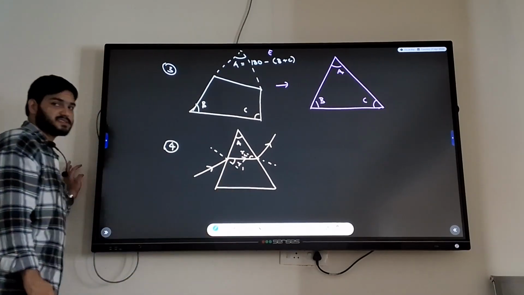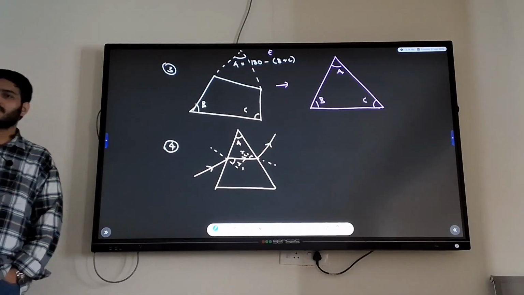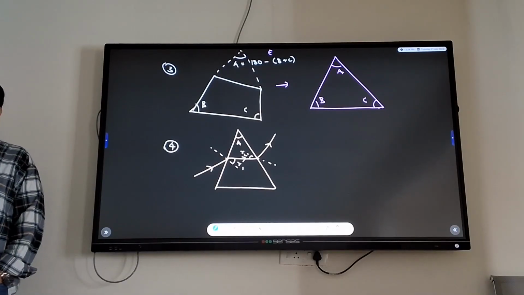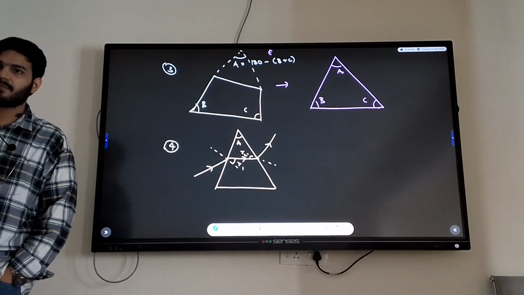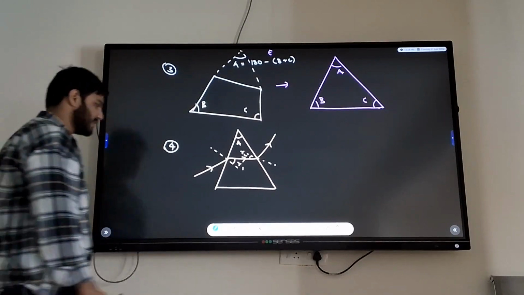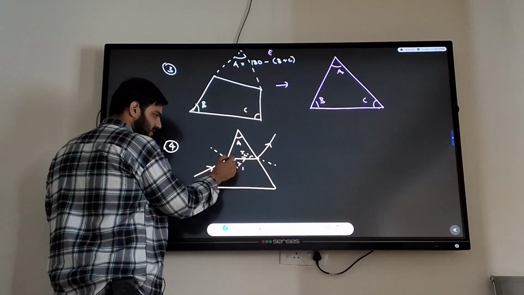What is the relation this time, R1 and R2? What do you think it should be? Should A be equal to R1 plus R2? R1 minus R2, they are saying, because one is going clockwise, another one is going anticlockwise. Yes, very good.